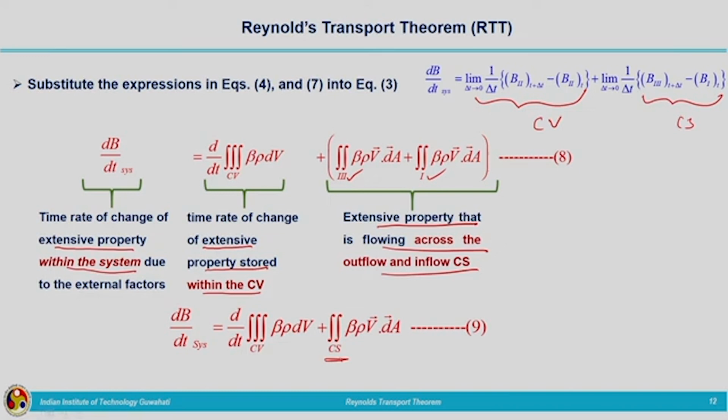So, you can write the expression for Reynolds transport theorem like this: time rate of change of extensive property of system is equal to time rate of change of extensive property stored within the control volume plus extensive property that is flowing across the outflow and inflow region. So, this is the mathematical form of Reynolds transport theorem.